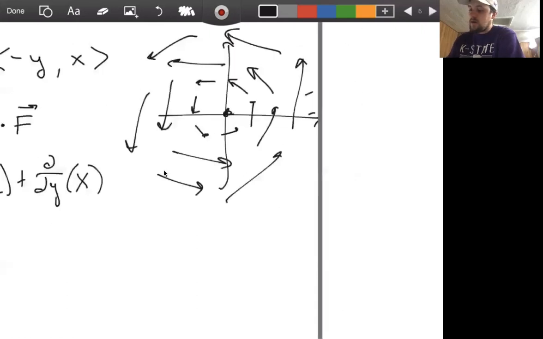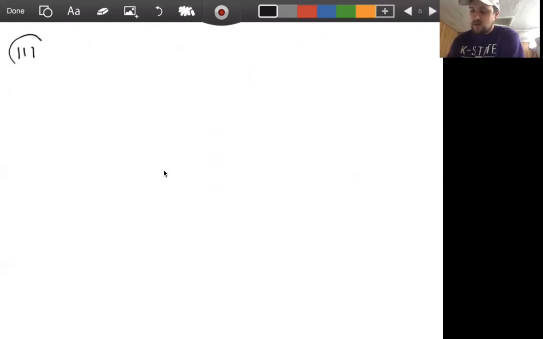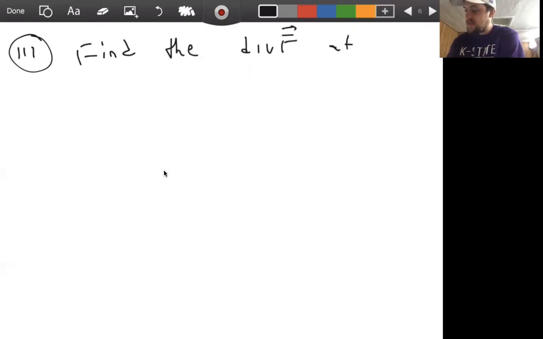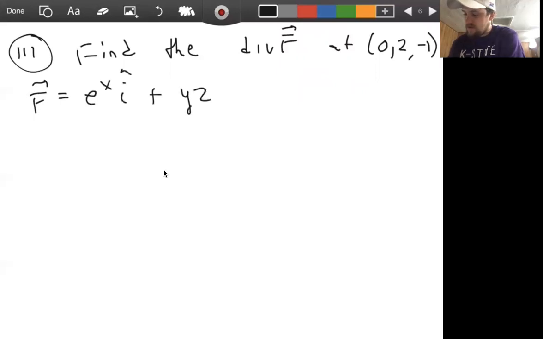Now let's calculate an arbitrary one so we can see an example of something that ends up being non-zero. Let's find the divergence of f at the point 0, 2, negative 1, where f is e to the x i hat plus yz j hat minus yz squared k hat.